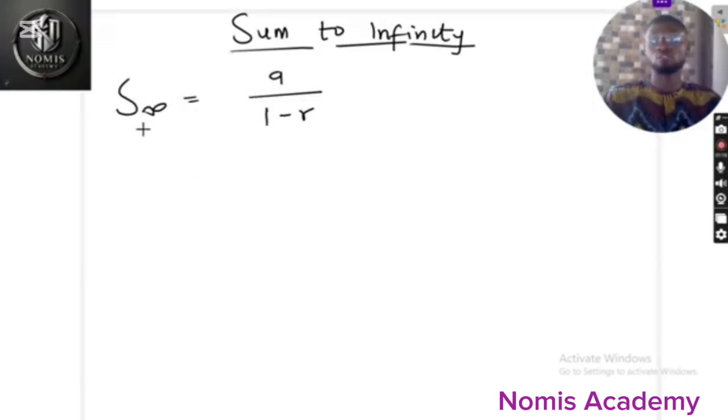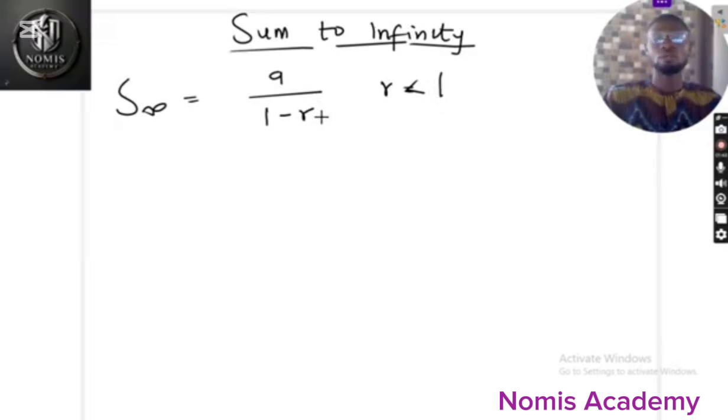For arithmetic progression, it does not exist, but it exists for geometric progression only if r, the common ratio, is less than 1. Whenever r is greater than 1, the sum to infinity does not exist.